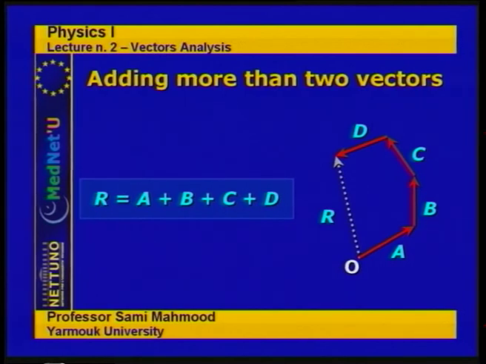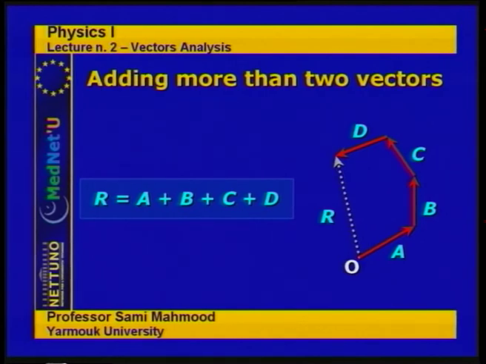And finally, the dotted vector extending from point O to the tip of D is the so-called resultant, or the sum of all these four vectors.